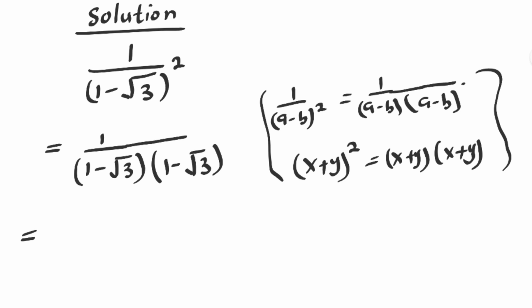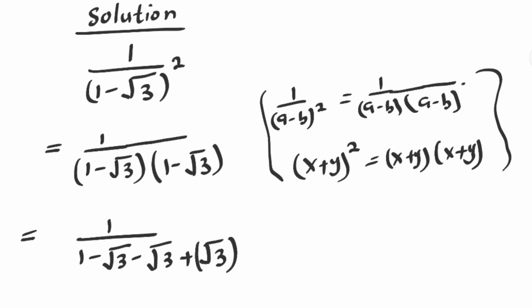This is equal to 1 over 1 times 1, 1, minus 1 times root 3, that is minus root 3, minus root 3 multiplied by 1, that is minus root 3. Then minus root 3 multiplied by minus root 3 will be plus root 3 all squared.